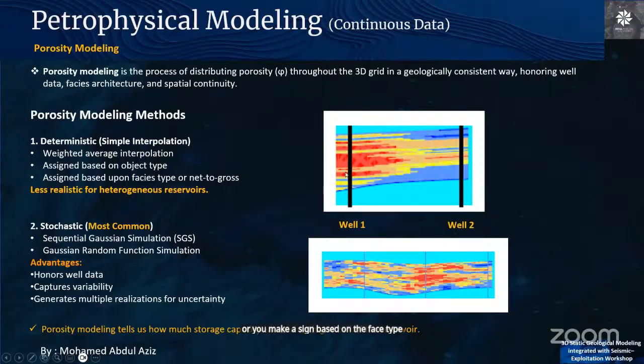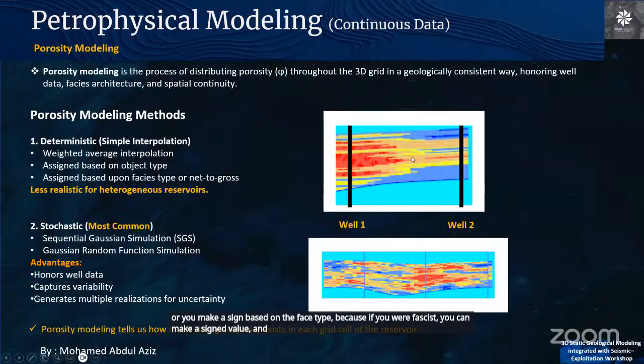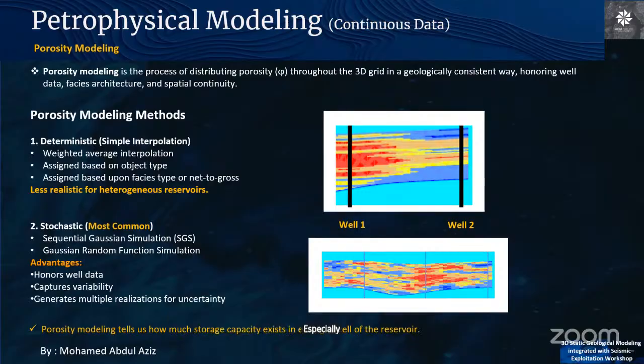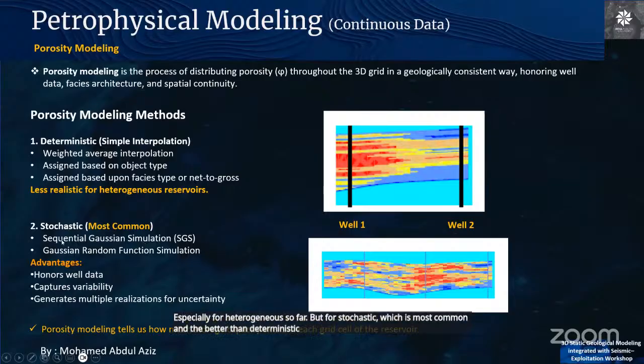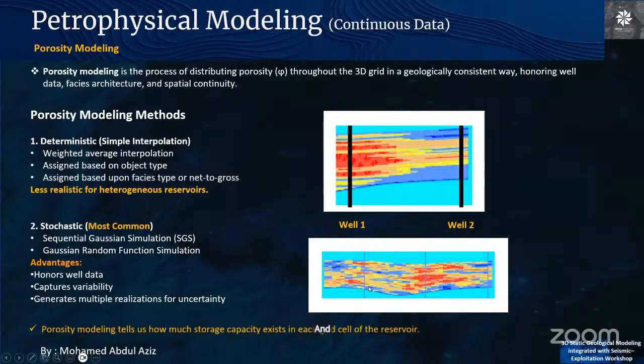You can assign a value and let the software follow it, which is less realistic, especially for heterogeneous reservoirs. But stochastic, which is most common and better than deterministic in such cases, like sequential Gaussian simulation or Gaussian random function simulation, honors well data, captures variability, and generates multiple realizations for uncertainty using the variogram approach.